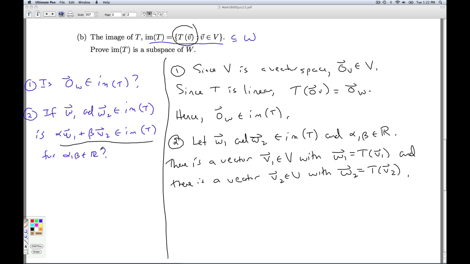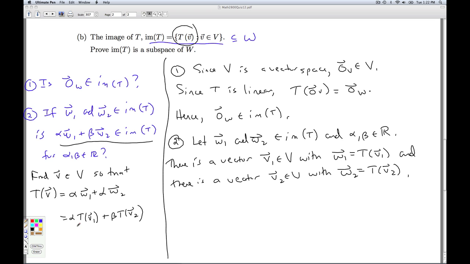The challenge is, right, I need to find some vector v in V so that T of v is alpha w1 plus beta w2. Well, this is a linear combination of w1 and w2, but w1 and w2 themselves are the images of v1 and v2.